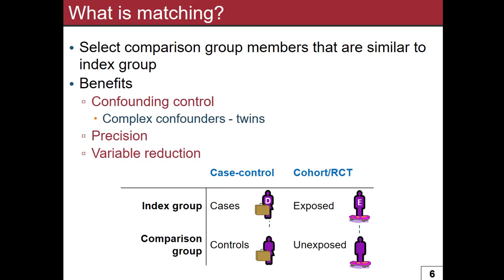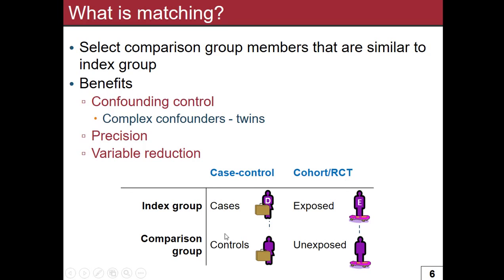Then you have male, female, and purple and green people. The basic idea is that here you have a case who's an older female who's purple, and you find a control that looks like them who doesn't have disease. If they have a D on their shirt, they're diseased, and if you have an E on your shirt, you're exposed. That's my idea here, graphically.